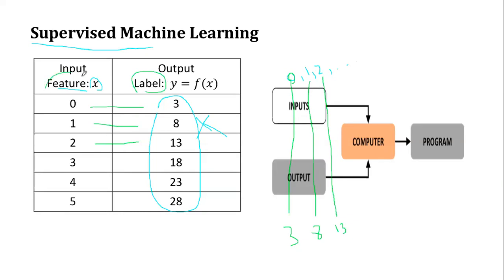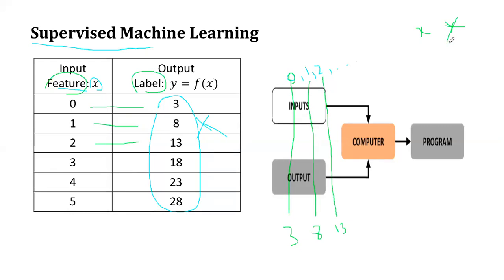This is a feature, right? For each feature, there is a label. We can guide the computer: for 0, this is the output; for 1, this is the output. This is what we call supervised machine learning, because we can supervise. We can tell the computer, for each x variable there is a y variable. But there are some data sets where we have only the x variable, no y. Those we call unsupervised.